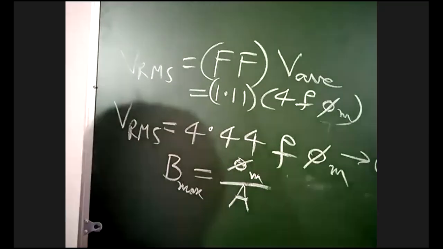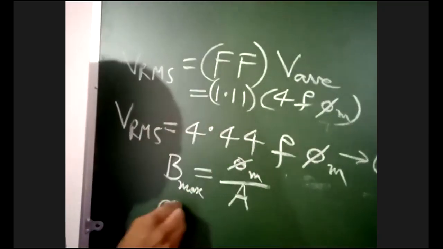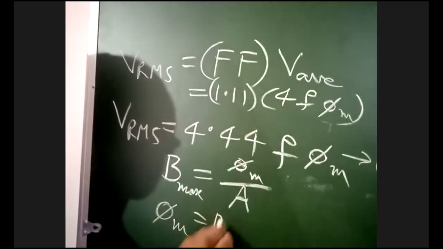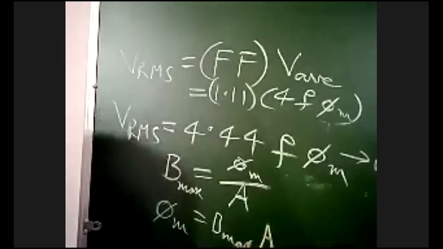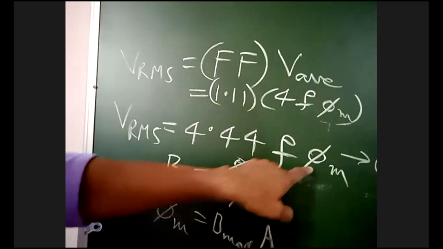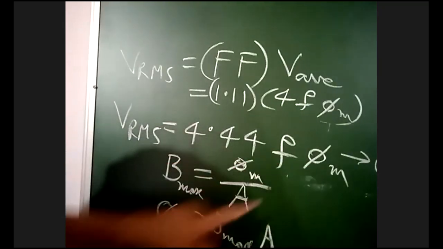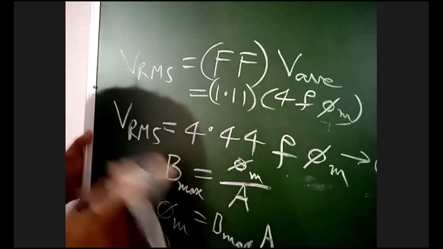Now here, what is phi m? Phi m is Bmax into A. Now substitute the value of phi m here.